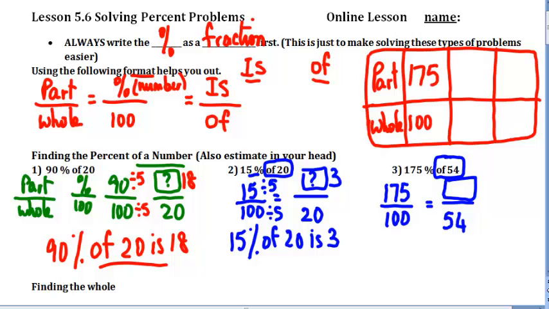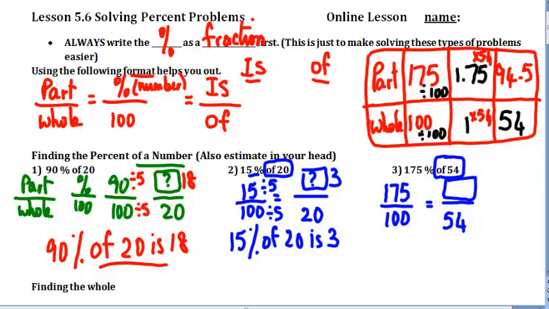175 over 100. So in order to find it for 1%, I'm going to divide this by 100, also divide this by 100. I end up with 1 here and 1.75 here. Now remember, I need it out of 54, so I'm going to multiply this with 54. If I do that, I have to multiply this also with 54, and I end up with 94.5.